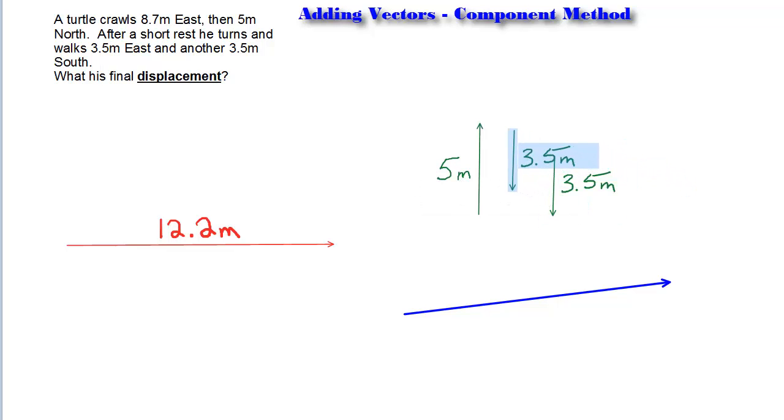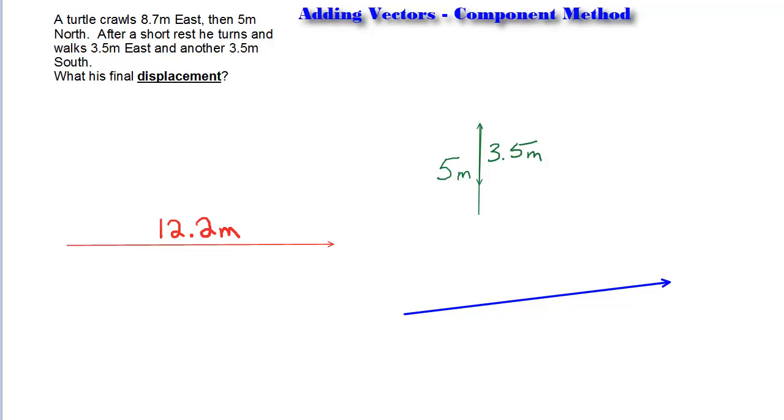So if I take my 3.5 meter vector and I place it at the tip of the 5 meter vector, we notice it ends up right where my hand is, right at that point right there. So my resultant vector in that case is 5 minus 3.5. And it'll still be pointed towards the north because there's a bigger northerly component than there is a southerly component.